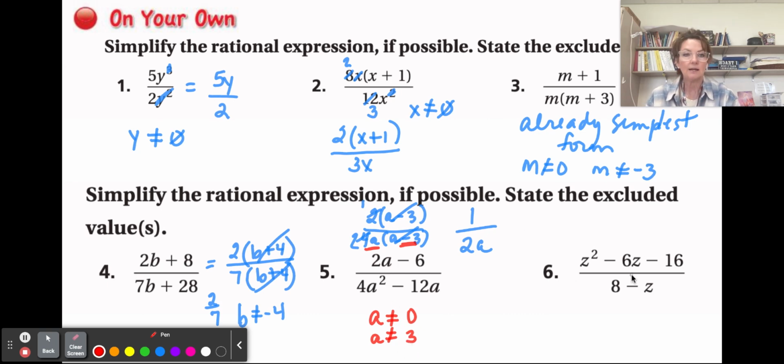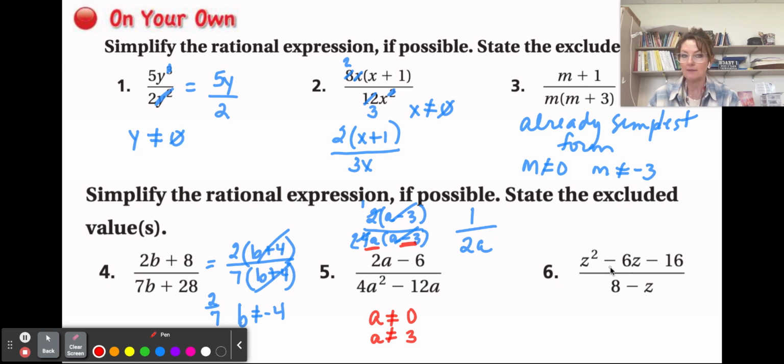Number 6, we have to factor the numerator. If you can recall, we did factoring in chapter 7 as well. And so we have factors of negative 16 that will sum to negative 6. So you start looking at 16, and the one that comes to mind right away is 8 and 2.